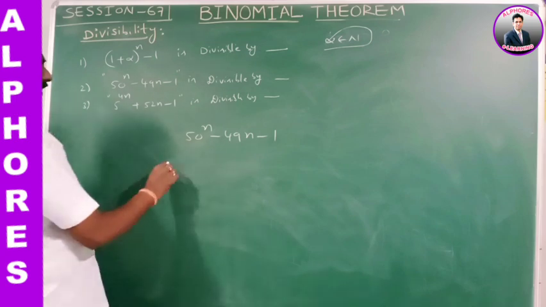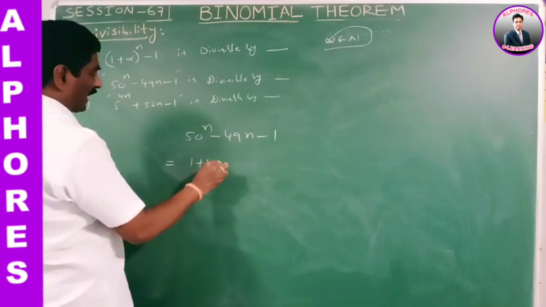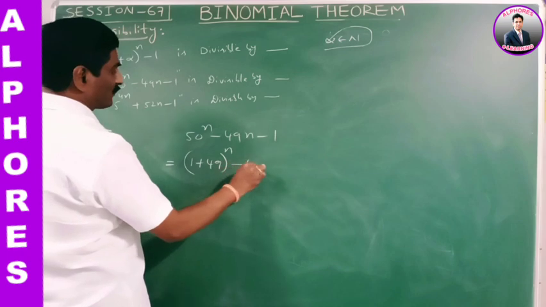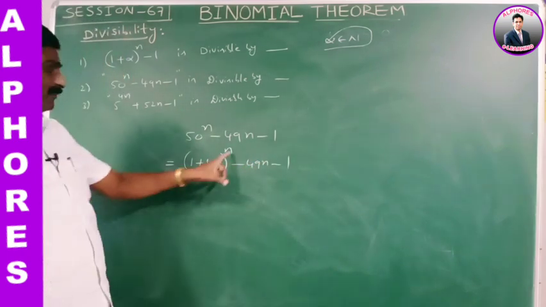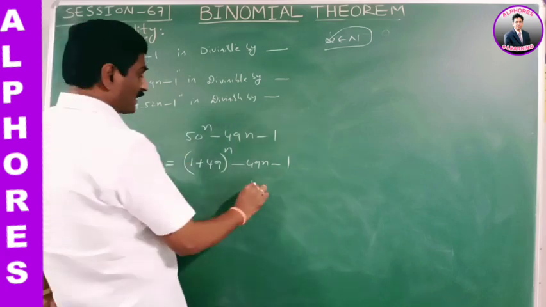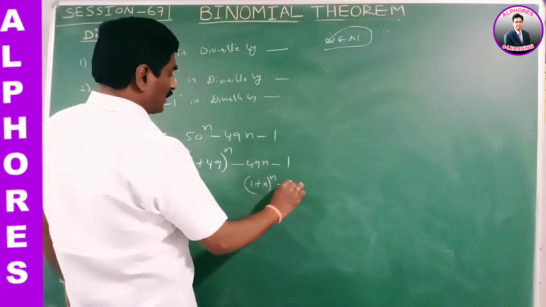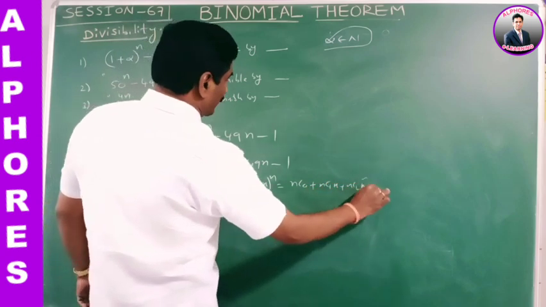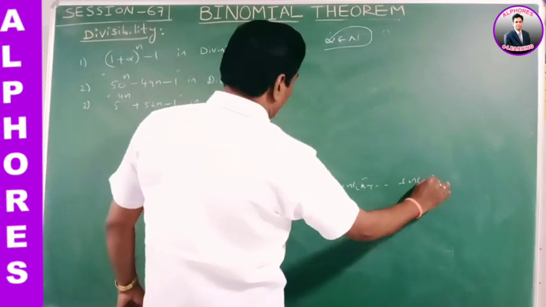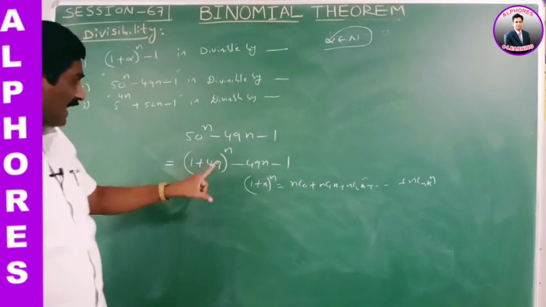This 50 can be reduced into (1 + 49)^n - 49n - 1. Please observe, here it is in the form of (1 + x)^n. What is the binomial expansion? (1 + x)^n = nC0 + nC1 x + nC2 x^2 + and so on, up to nCn x^n. Here n is n and x is 49.